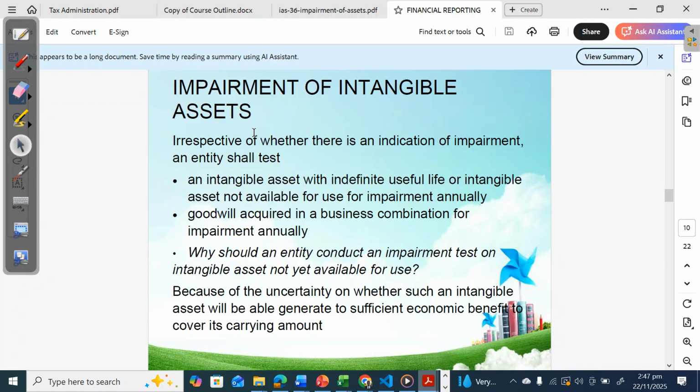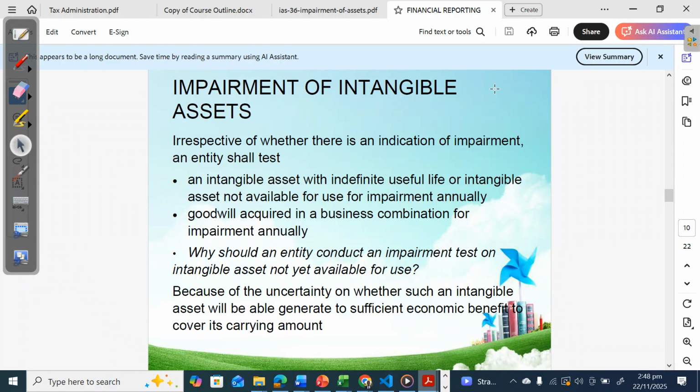When it comes to impairment of intangible assets, we have intangible assets with a definite useful life, and we also have intangible assets with indefinite useful life. It means that the asset can be used forever.